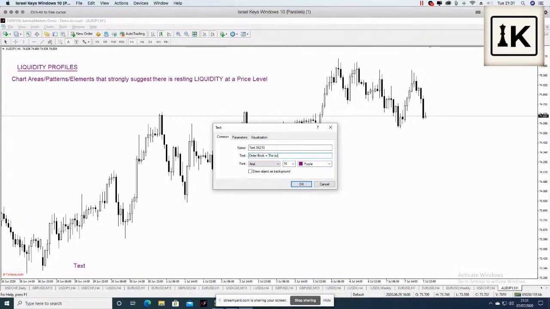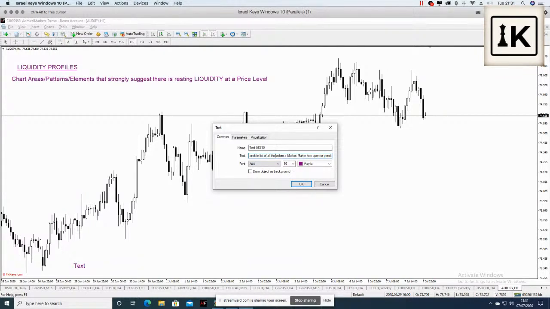sum or list of all the orders a market maker has open or pending.